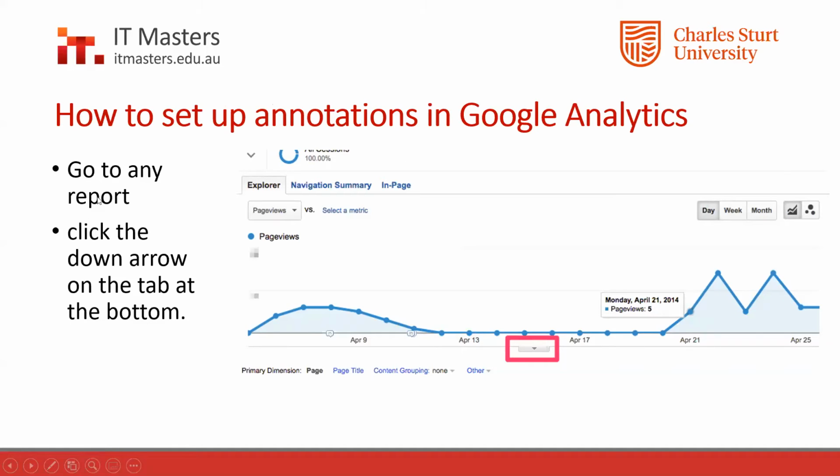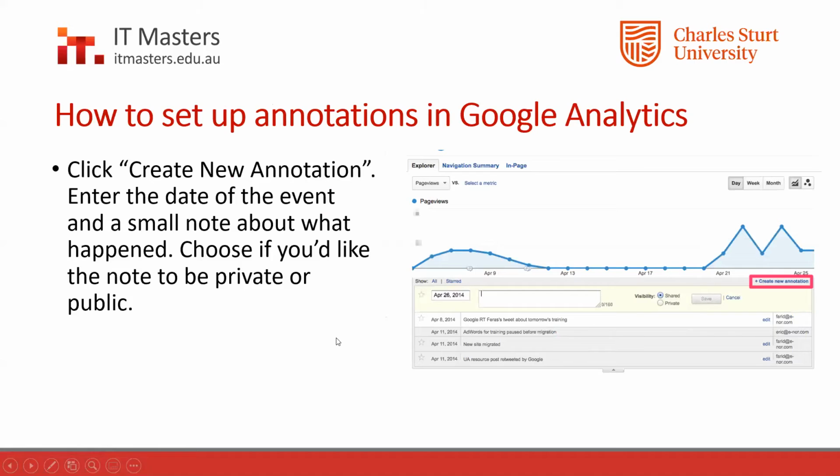Essentially, you can go to any report and see this little drop-down arrow. That's what you click, and this is page views in Google Analytics. You can see how it's flatlined there. Obviously, there's some sort of problem. Maybe the website went down or something like that. So you can set up a new annotation and enter the date of the event and add a small note about what happened, which is pretty straightforward.